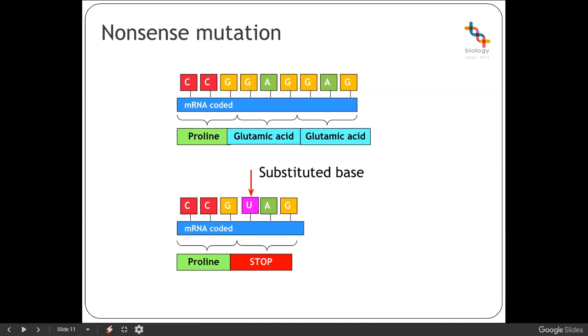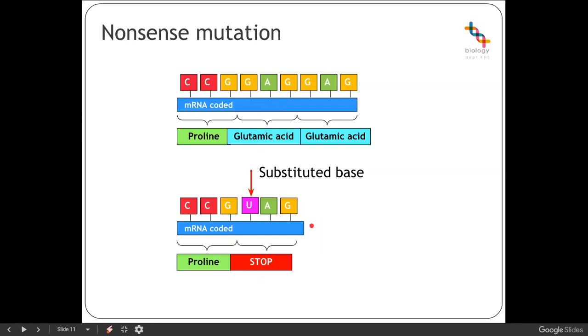We also have what we refer to as a nonsense mutation. Again, this is where we have a substituted base, so it's a substitution mutation, and the consequence is that it's a nonsense mutation. So in this case, we've got our substitution at the beginning of the codon. We've got this G swapped for a U, and so instead of GAG giving us glutamic acid, instead we've got UAG, and that's given us a stop codon.